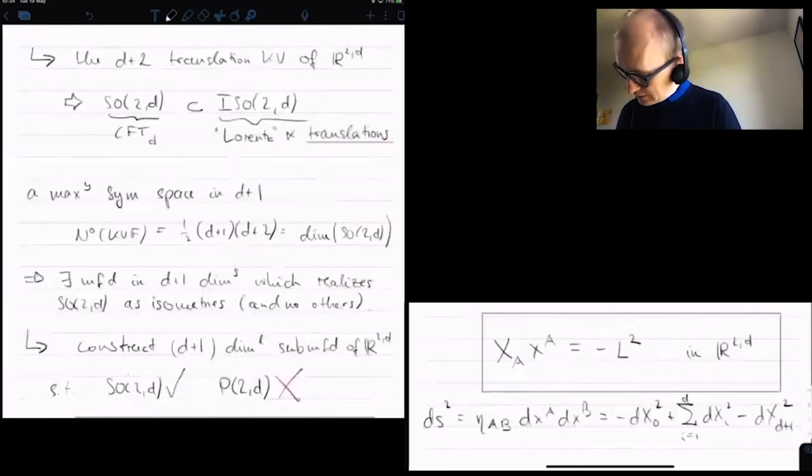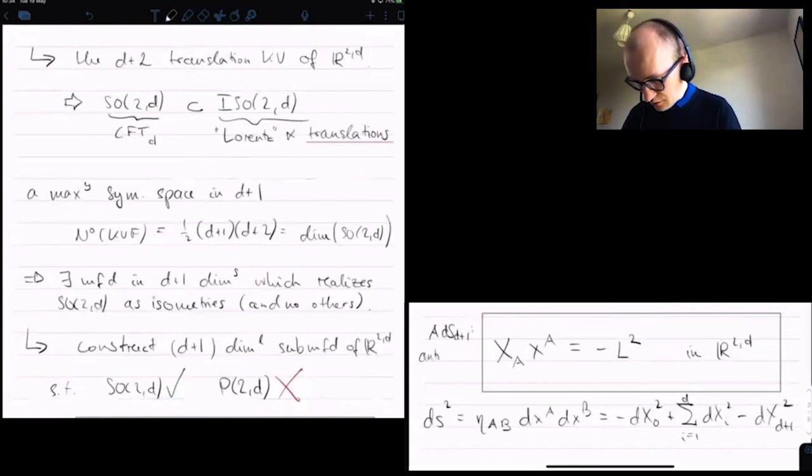So, coordinates on AdS_{D+1}. Let me just call this already AdS_{D+1}, okay? And AdS stands for anti-de Sitter.